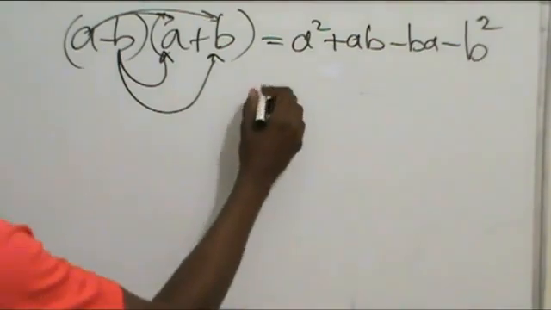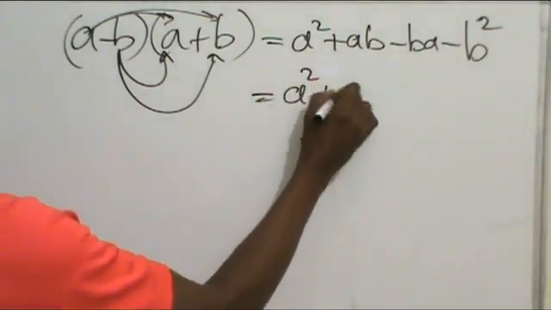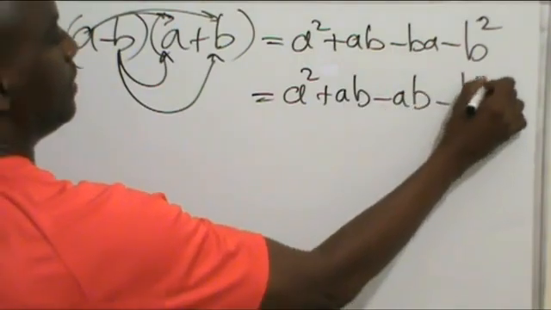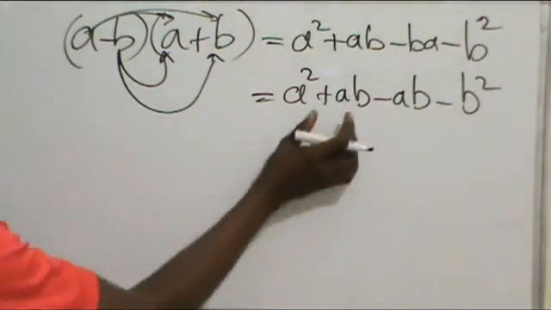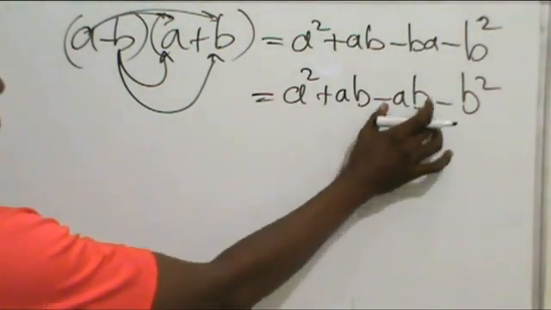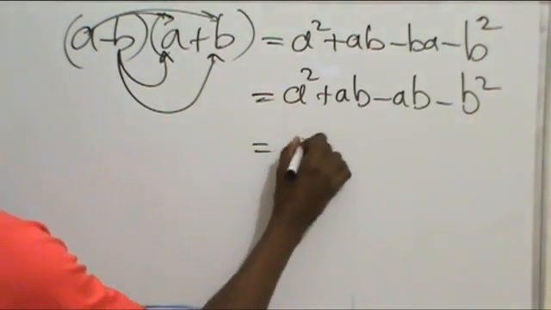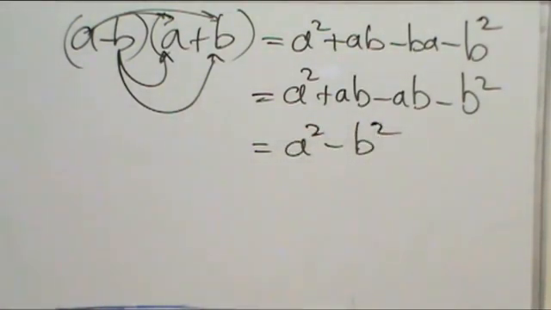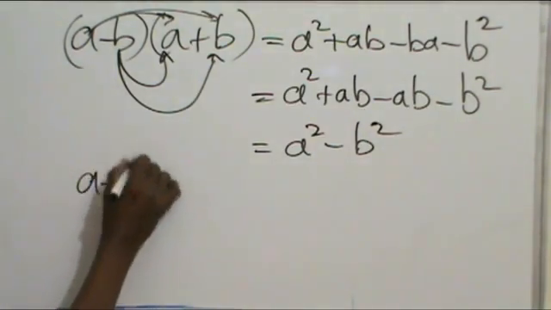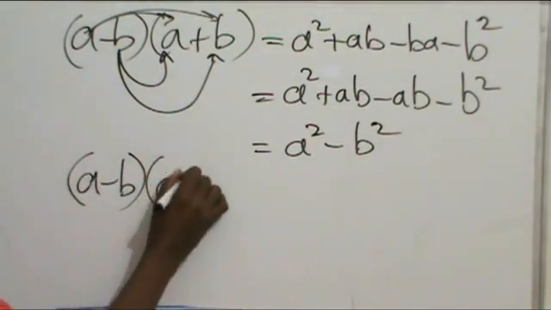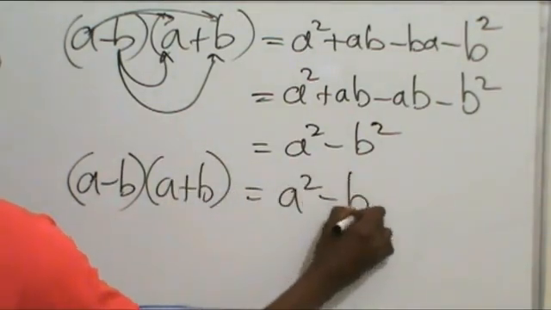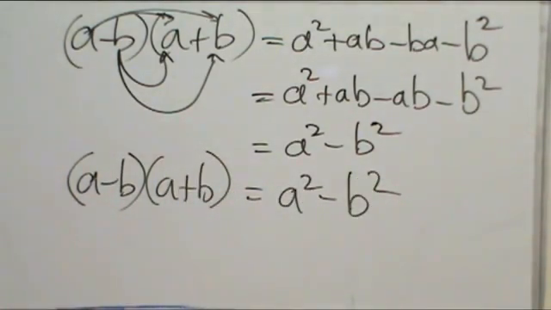So we can write this as A squared plus AB minus AB minus B squared, and the plus AB and minus AB will cancel out to give us A squared minus B squared, and that is the answer. So therefore, A minus B into A plus B is equal to A squared minus B squared.